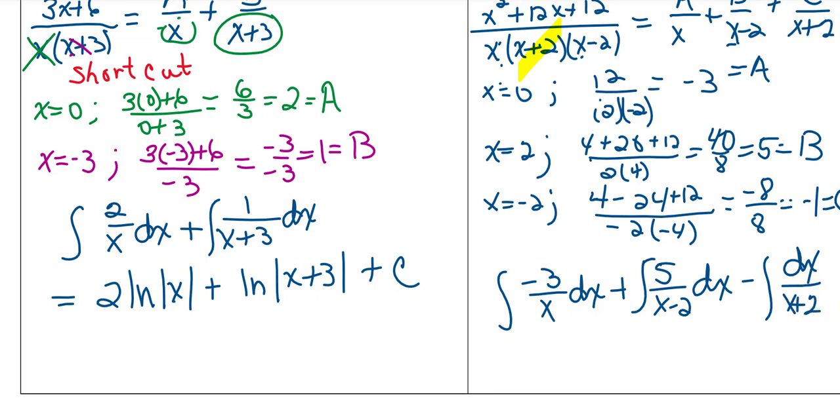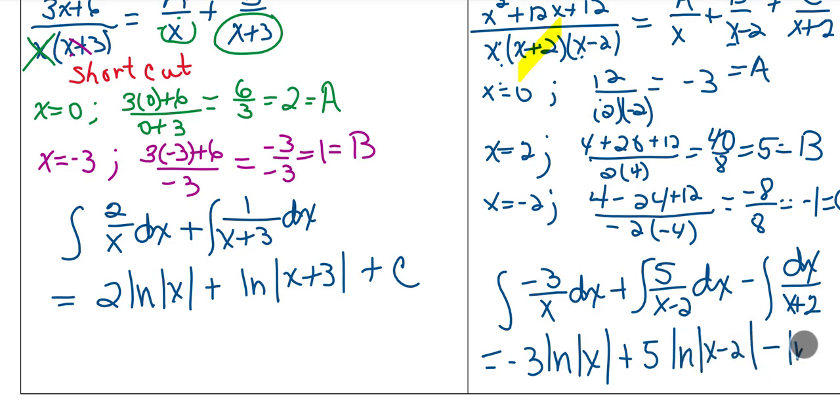And so when I integrate that, I get negative 3 ln of x plus 5 ln of x minus 2 minus ln of x plus 2.